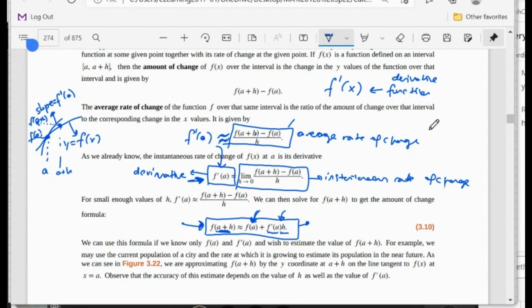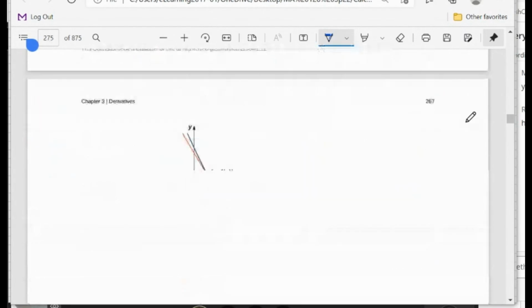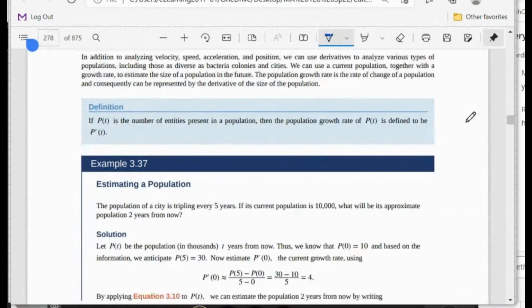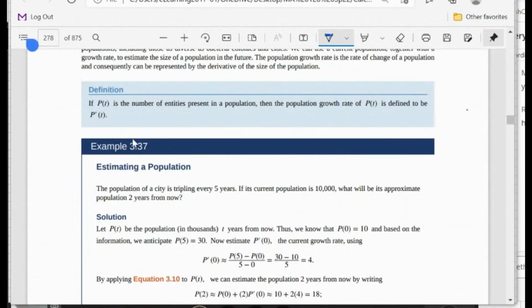Okay, so we will now see an example of this type, population change. Let's first see how we define the population. We use a function, let's say p of t, that is the number of entities present in a population. So number of people, let's say, or you can talk about the number of bacteria in an experimental population.